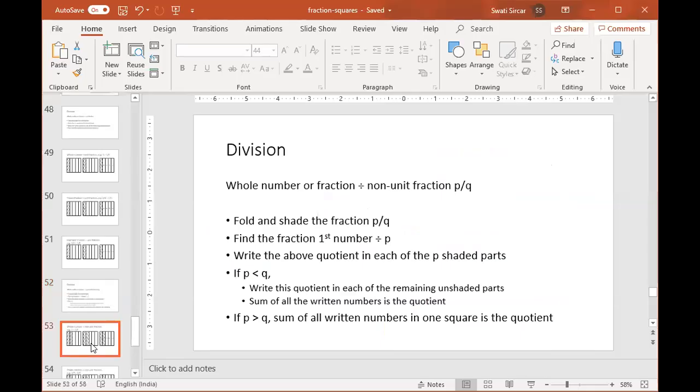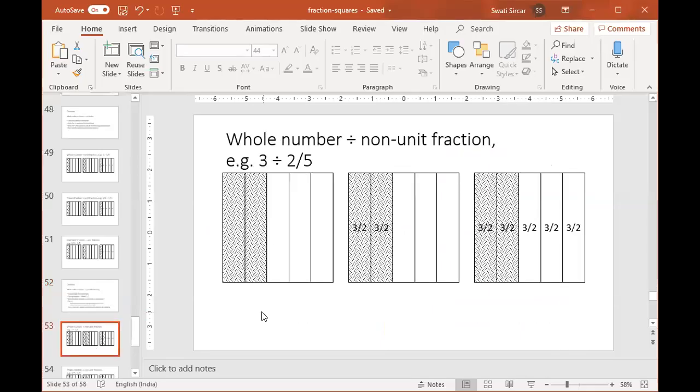So in this case, let's look at this. 3 is getting divided by 2/5. So you start with the plate. So 2/5 of the plate is shaded.